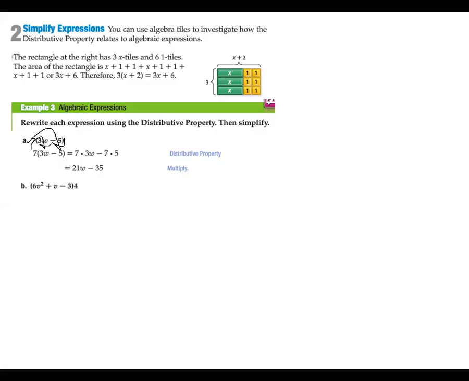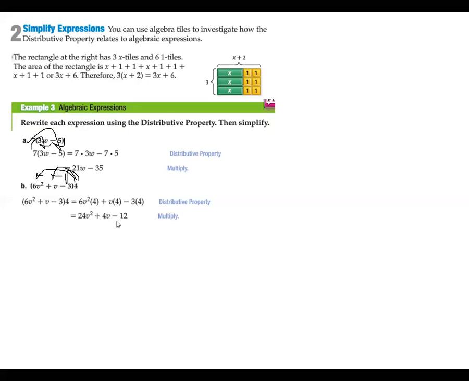6v squared plus v minus 3 times 4. Distribute the 4 to the 6v squared, to the v, and to the minus 3, like this, using the distributive property. And then I can use the associative and commutative properties to rearrange and regroup and do 6 times 4 is 24v squared. 4 times v is 4v.